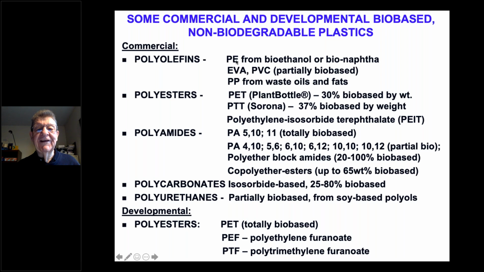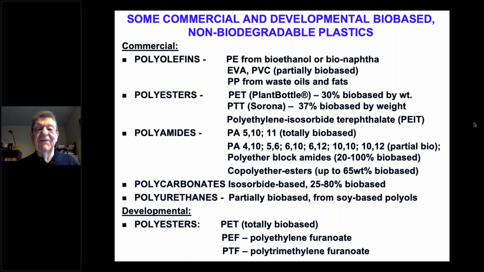Ethylene is ethylene, and it can then be polymerized into polyethylene, or it can be made into EVA or PVC. There's also now the availability of bio-based propylene from waste oils and fats, which leads to bio-based polypropylene. Polyesters, there's the polyethylene terephthalate PlantBottle from Coca-Cola, which is 30% bio-based.